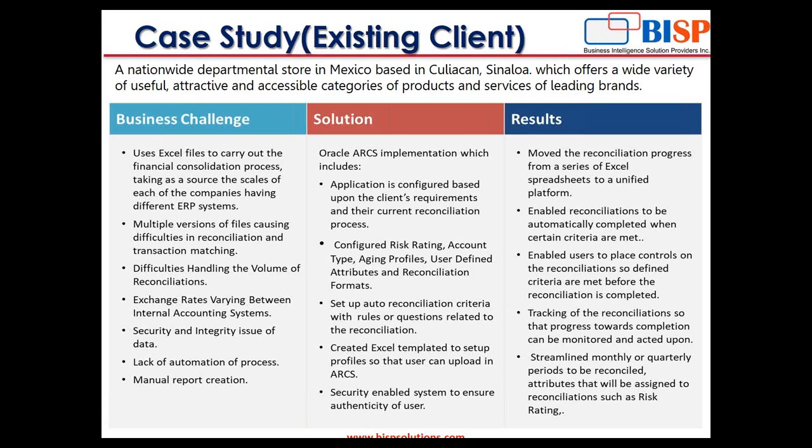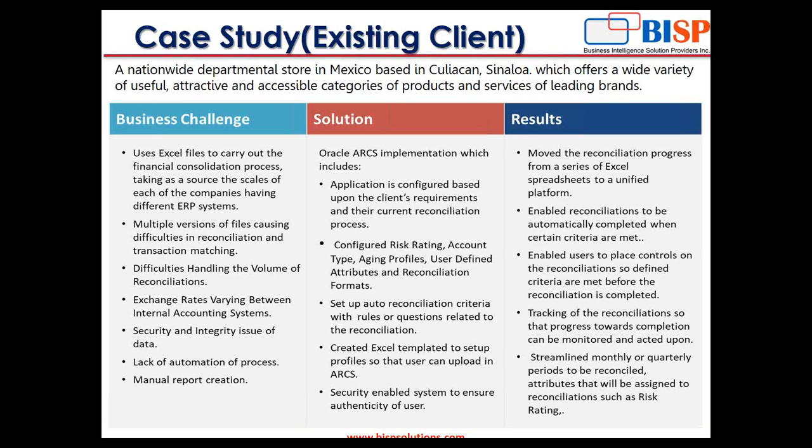A being the highest, C being the lowest. This is the normal practice prevalent within the industry. I can have high risk, low risk, medium risk, medium to high, low to moderate reconciliations.